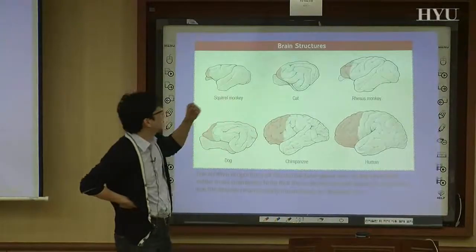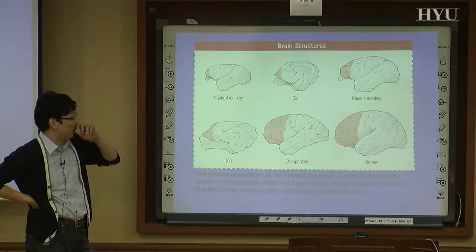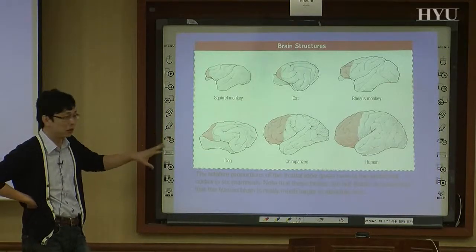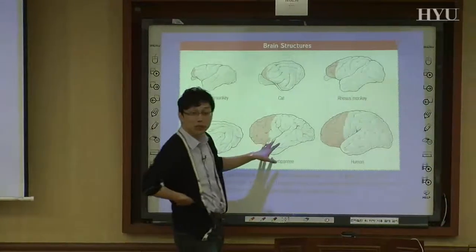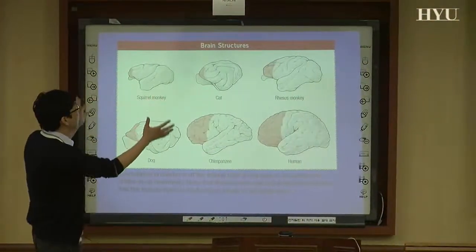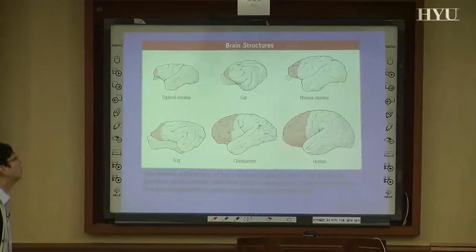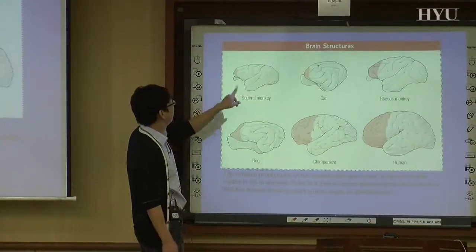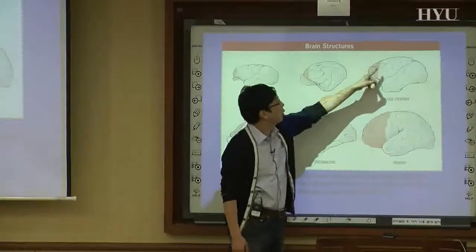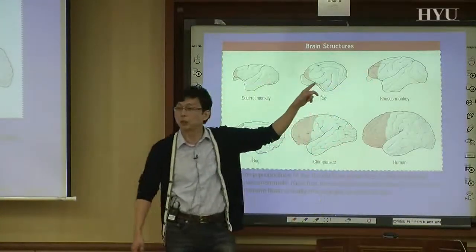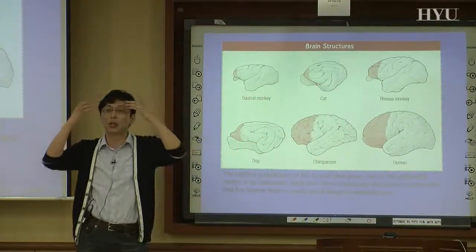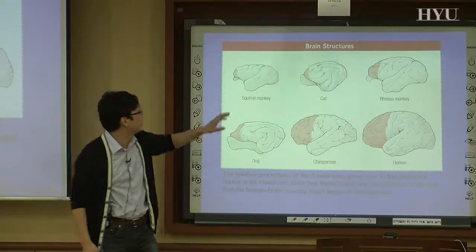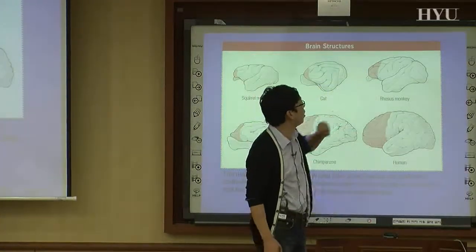This is a comparison of the size of our brain, but it's not the real size. Our brain is much bigger than chimpanzees', but we just put these six brains together into this picture. When you look at this, with many of the monkeys and the cat, the most important part of human problem solving is the frontal area. In Korean, it's 전두엽. This area is very important for problem solving.